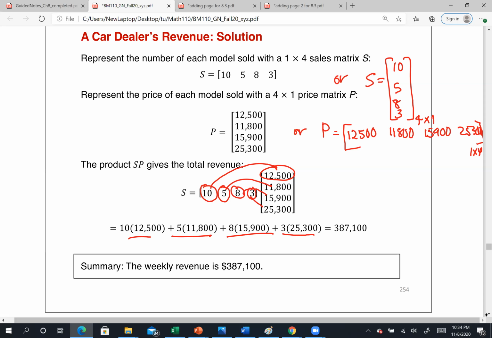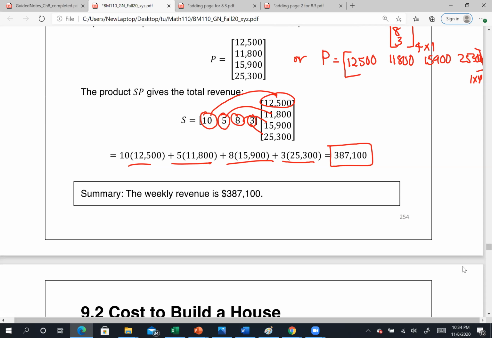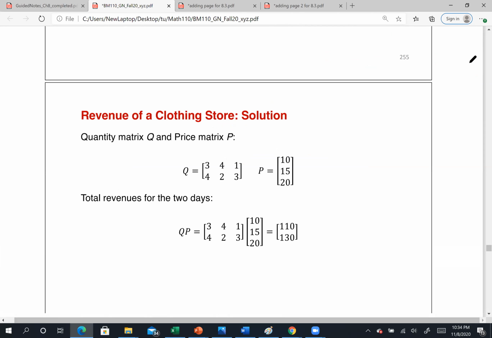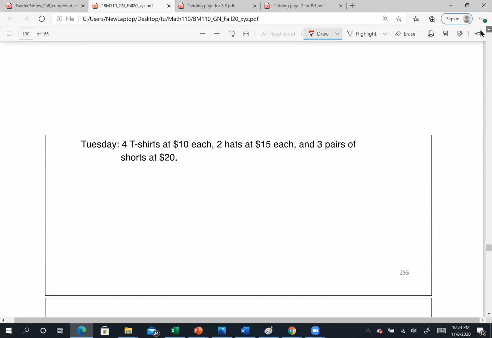Totally you're going to get 387,100. So in summary, the weekly revenue is $387,100. Okay, let's move down to the next section.